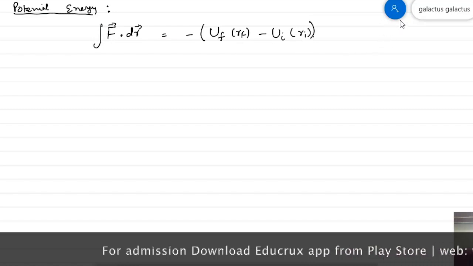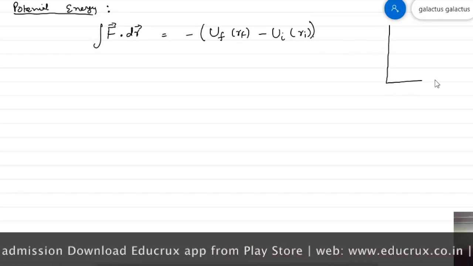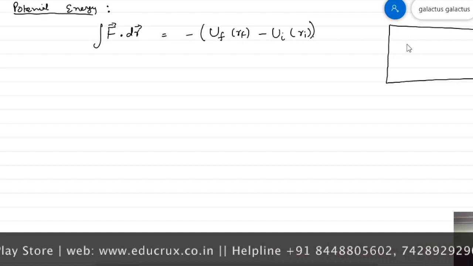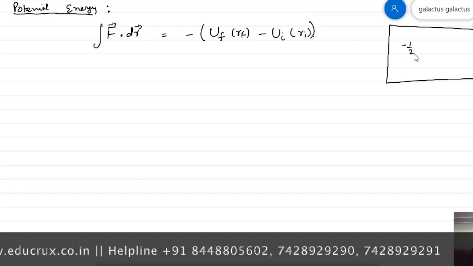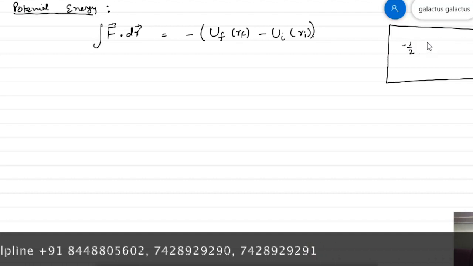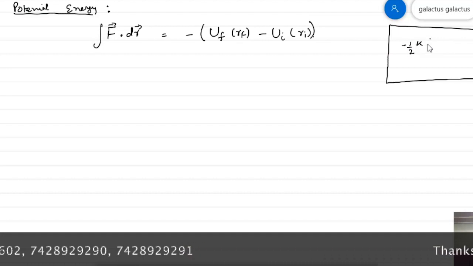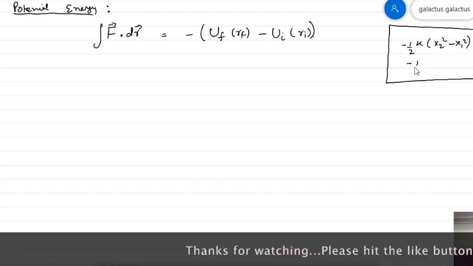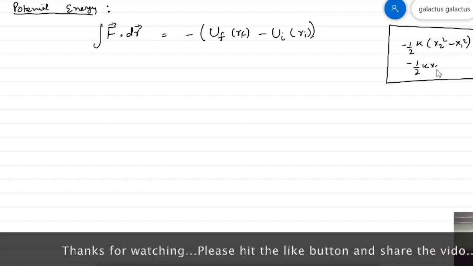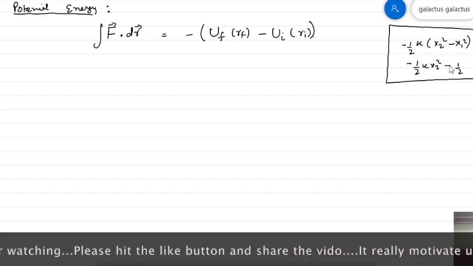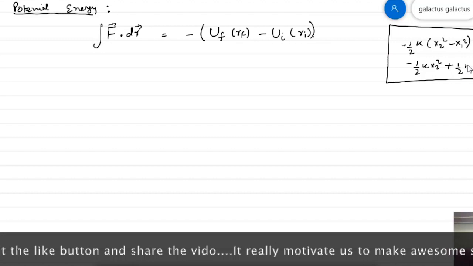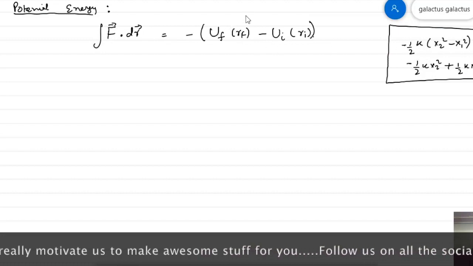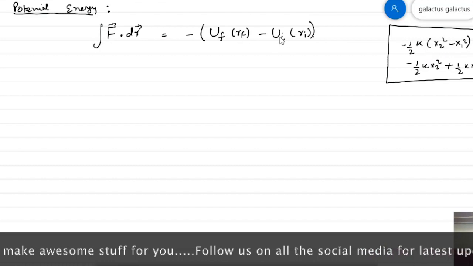To make it clear once again, suppose my force was the spring force, then my work done to take a particle from x1 to x2 was half k x2 square minus x1 square, and this is minus half k x2 square plus half k x1 square. So half k x2 square is my Uf and half k x1 square was my Ui.